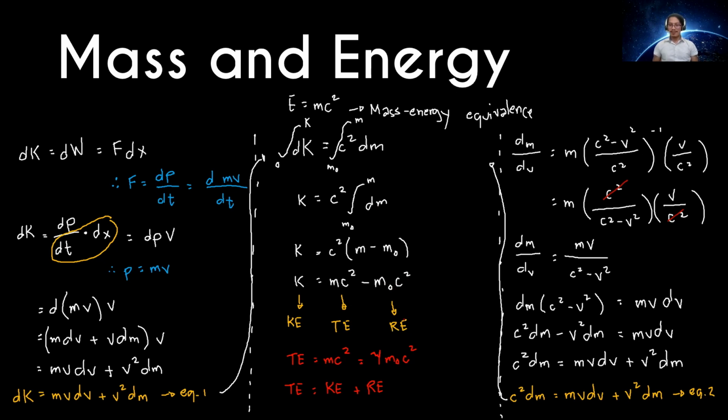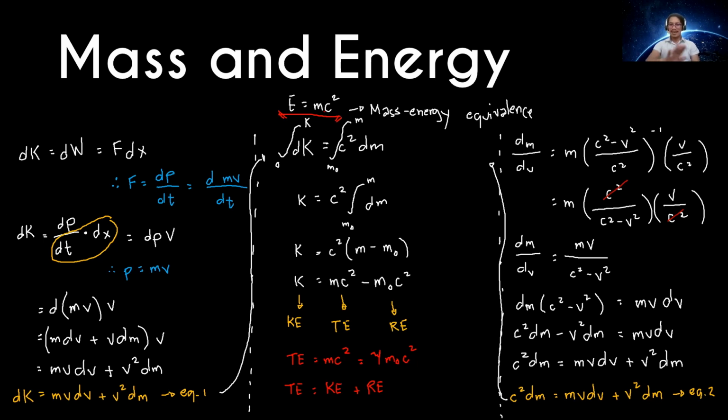Okay, so E is equal to mc squared. This is the total energy of an object. Or when we will define the rest mass energy, this is m0. That's the rest mass energy. Oh, yun. That's how the mass energy equivalence is being derived.